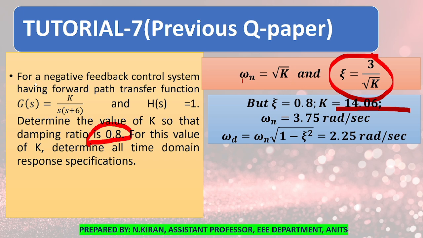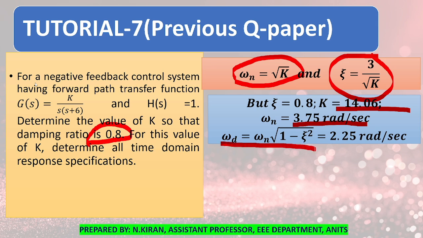So since k is also known, by taking the square root of k value will give me the value of omega n, which is 3.75 radians per second. Since omega n is known, we know the formula omega d is omega n into root over 1 minus zeta square. So just upon substitution of values of zeta and omega n, it will give me the value of omega d as 2.25 radians per second.